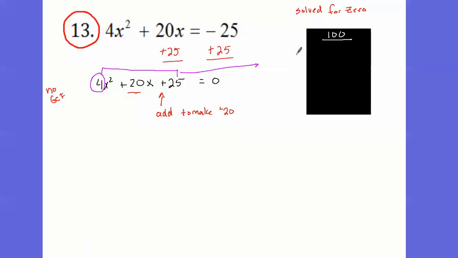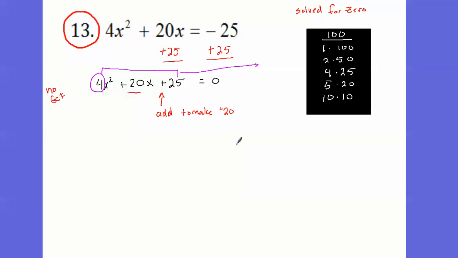So let's factor. I have 1 and 100, 2 and 50. 3 doesn't work. I would have 4 and 25. Sorry, I would also have 5 and 20. 6, not really, 7, 8, 9, but I would have 10 times 10.